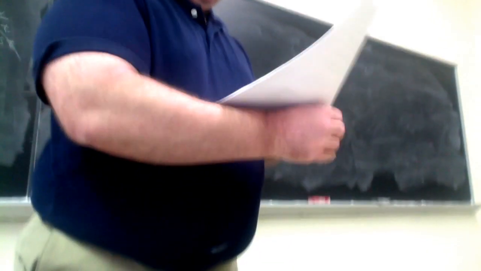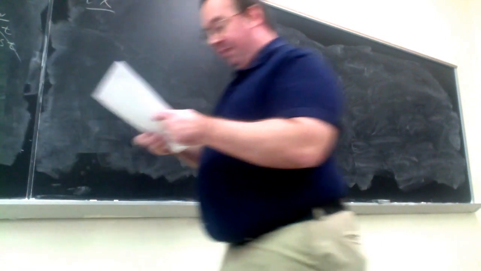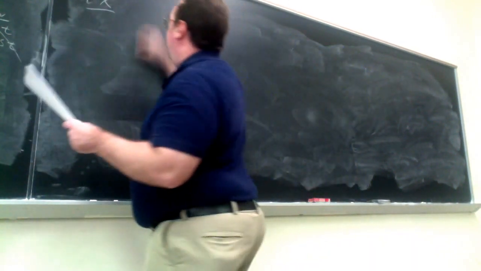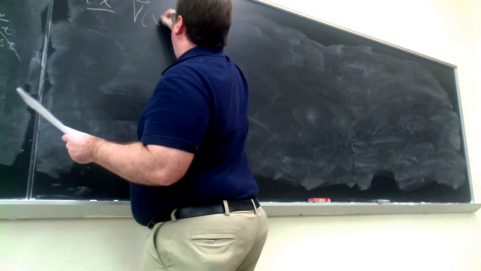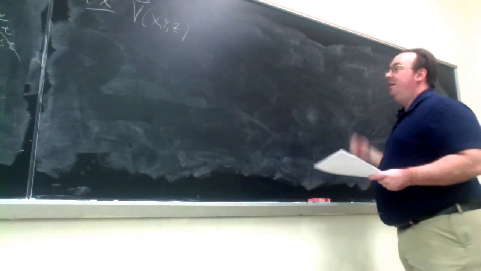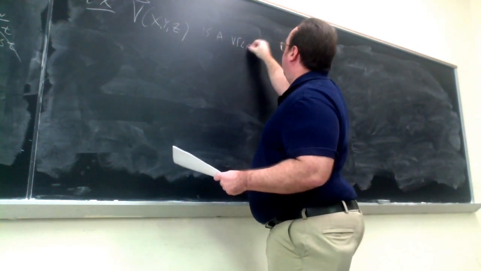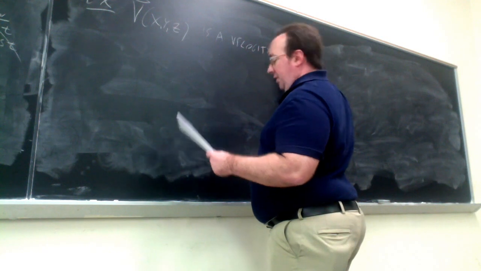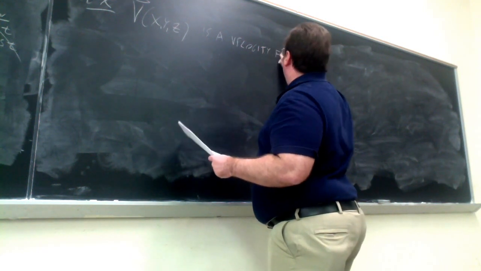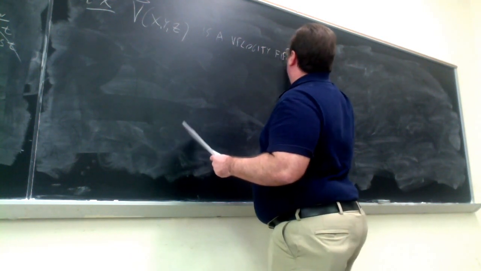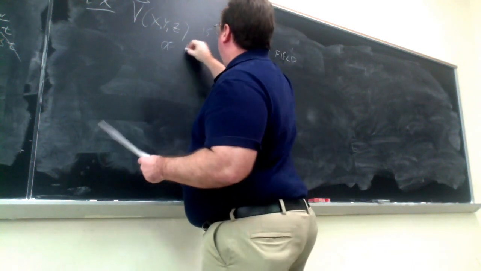Okay. So examples of vector fields. So a vector field, and I'll stick with 3 dimensions, v of x, y, z, is called a velocity field for a fluid.